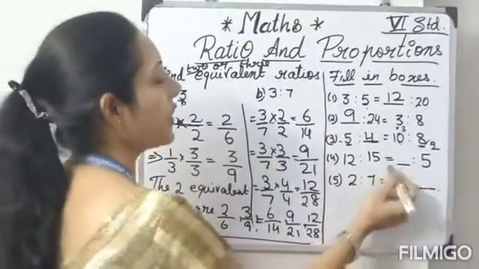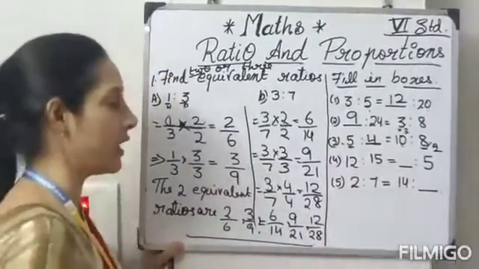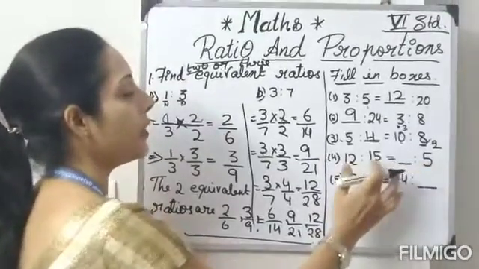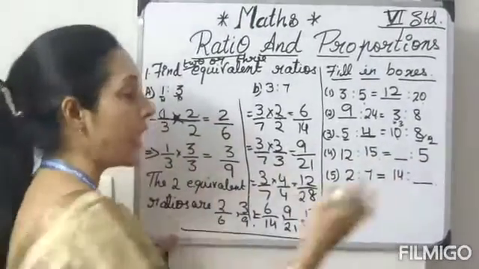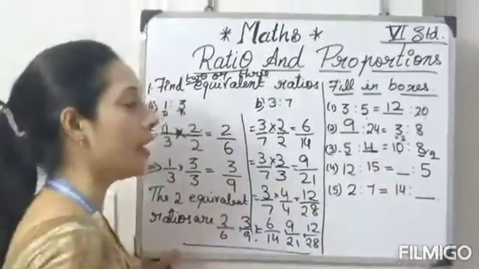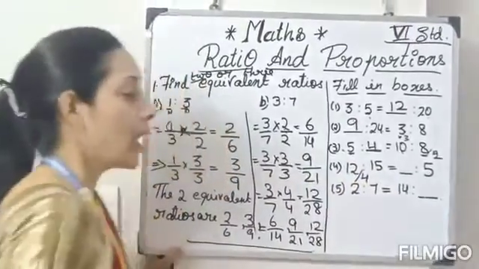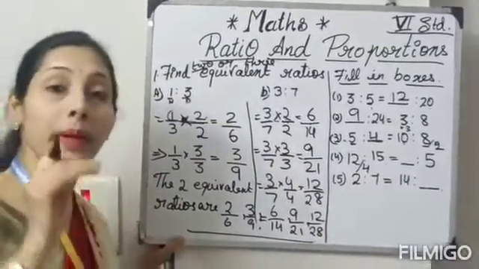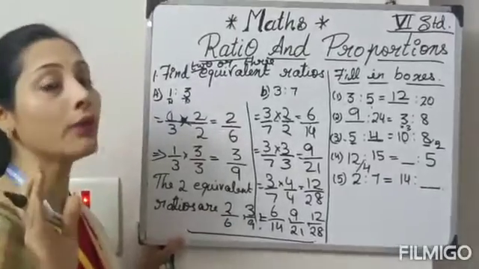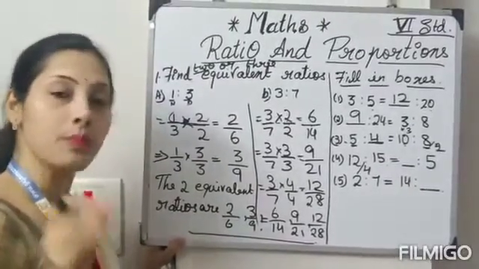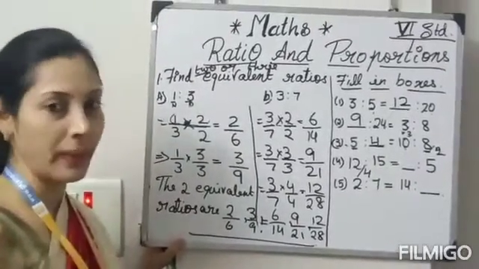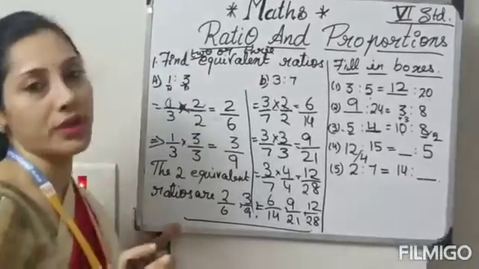Next, 12:15 is equal to dash:5. It is again very simple. See, 5 table, when 15 goes, 3. Again the same thing is repeated here, so you have to divide by 3. If a big number is given, you have to divide. If a small number is given, you have to multiply. You have to concentrate.